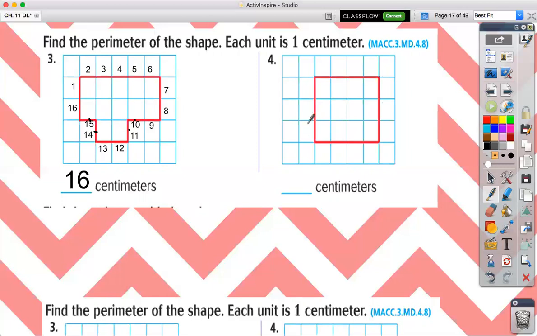All right, let's see what we get. 1, 2, my numbers are going to be a little off, but they don't look as good. It's not easy to draw on here. 4, 5, 6, 7, 8, 9, 10.